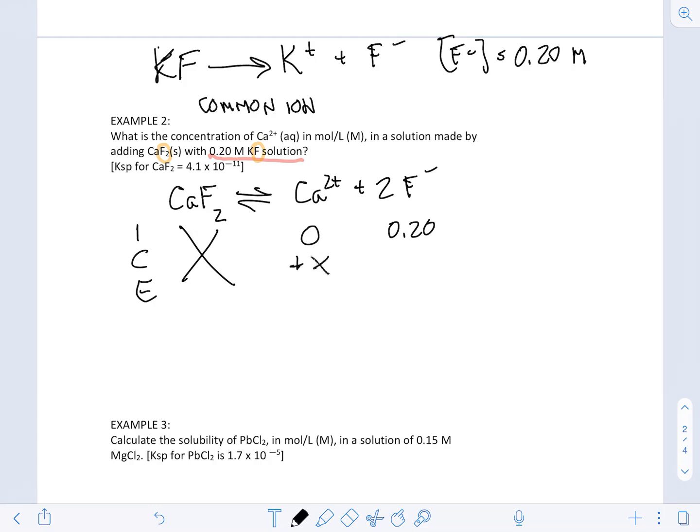We're going to say plus x and then plus 2x. At equilibrium, we're going to call it x, and here I'll do 2x plus 0.2 molar. Now once again, we're going to assume that 2x is smaller than 0.2 molar.